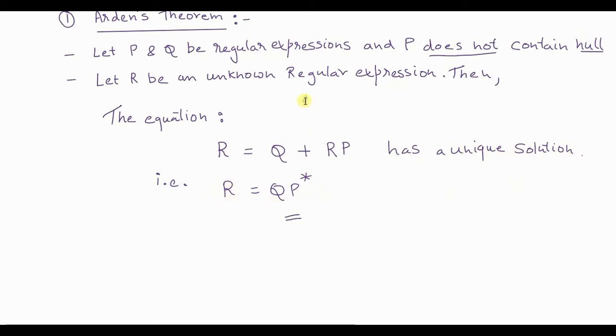It simply means that if P is a regular expression which is not null, Q is some valid regular expression, it can be null, and R is an unknown regular expression, so the end result is going to be stored in R. Then if you are able to get an equation of this type, R equal to Q plus RP, please note that R occurs on the left hand side as well as on the right hand side in the term RP. If you have this kind of equation, then this has a unique solution. This can be reduced and rewritten as R equal to QP star.